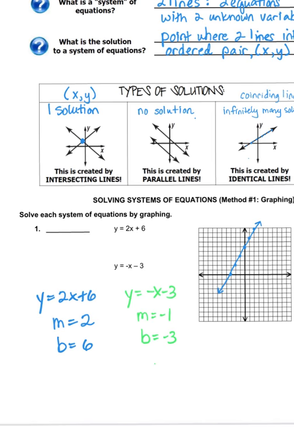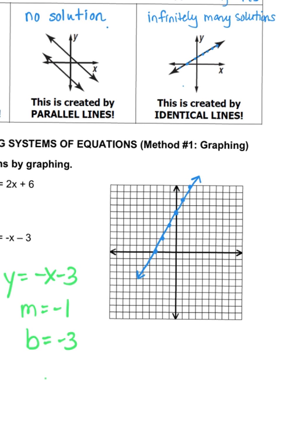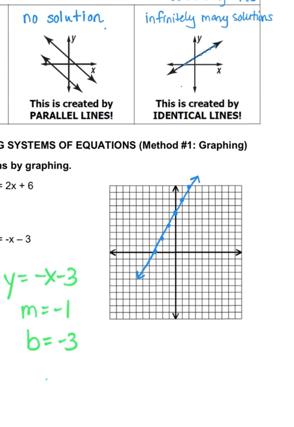I can go back and graph that line. Again, my y-intercept is negative 3, so 1, 2, 3 down here. My slope is negative 1, so I go up 1 over 1, up 1 over 1. This is what my second line is going to look like.